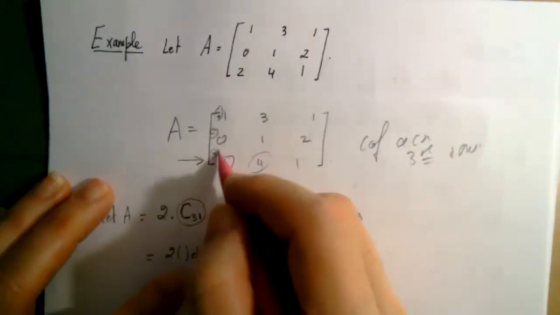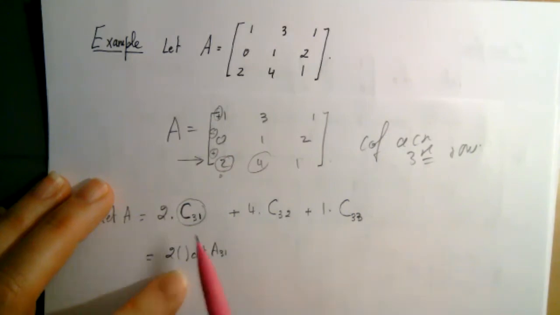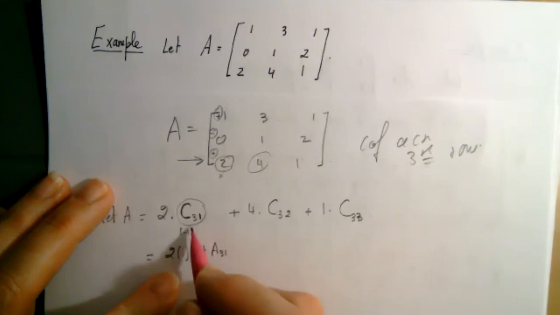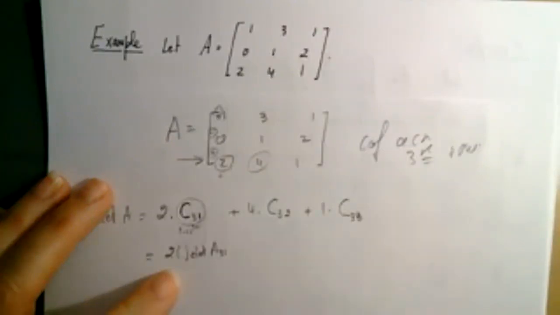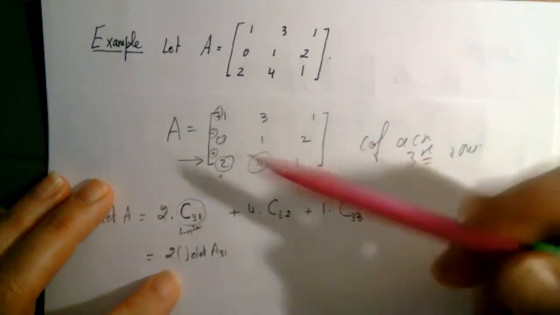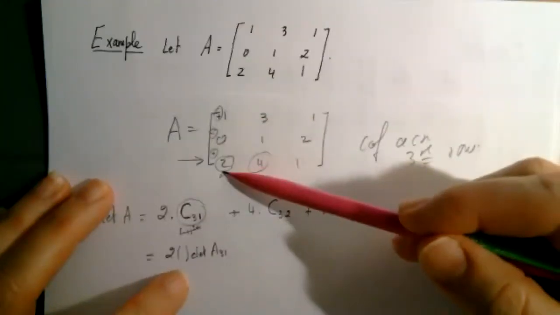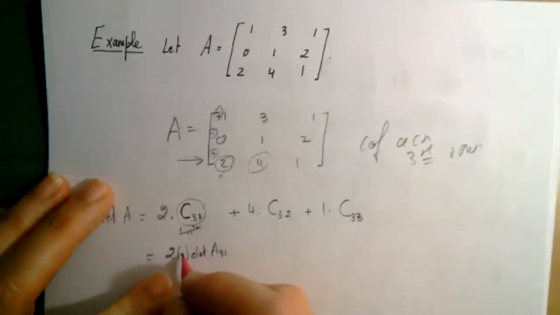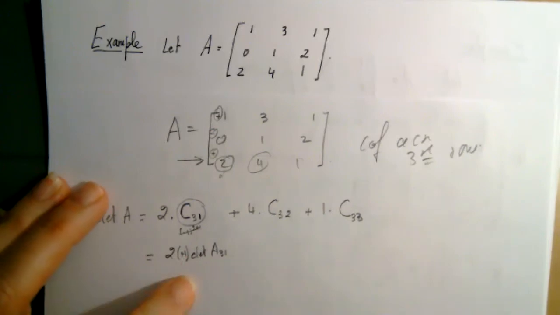C31 is going to be positive the determinant. So this should be -1 to the power 3 plus 1. But instead of working with it, you ask yourself, the checkerboard sign tells me -1 to the 3 plus 1 is going to be positive. So this is going to be +1.